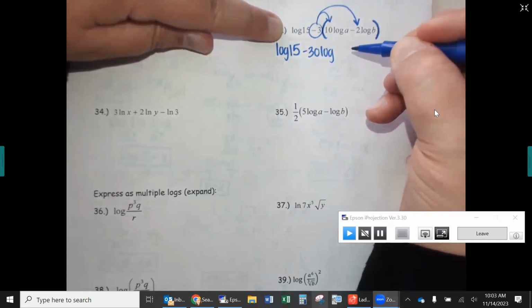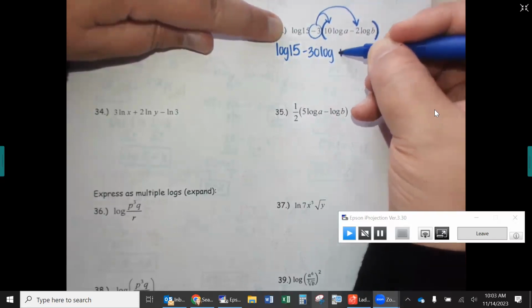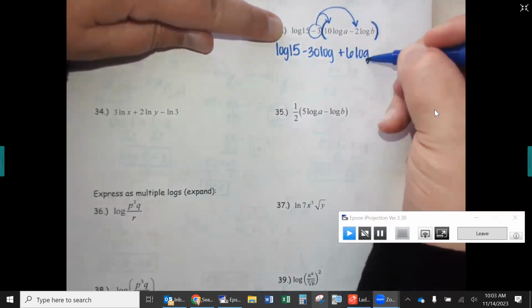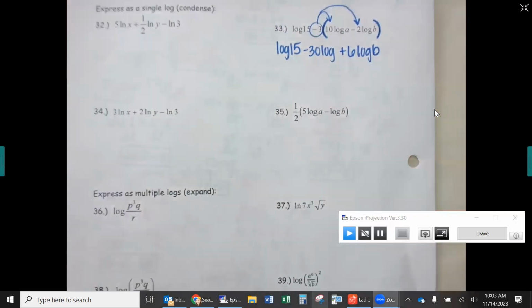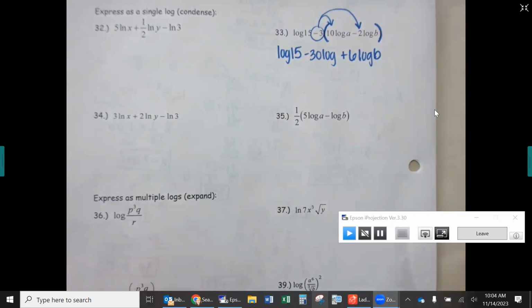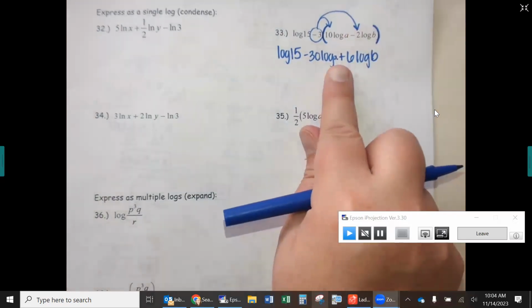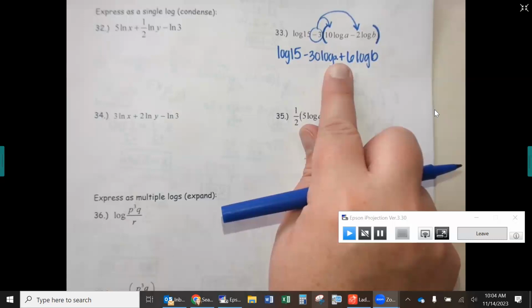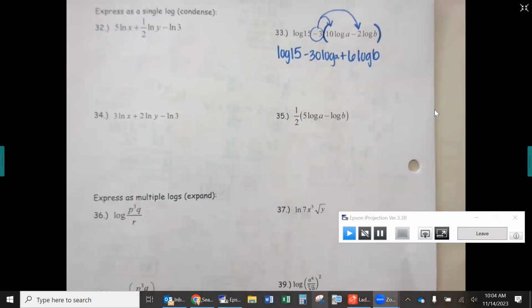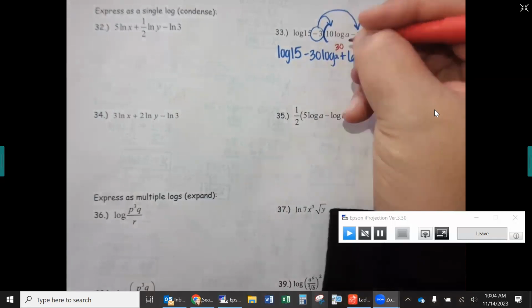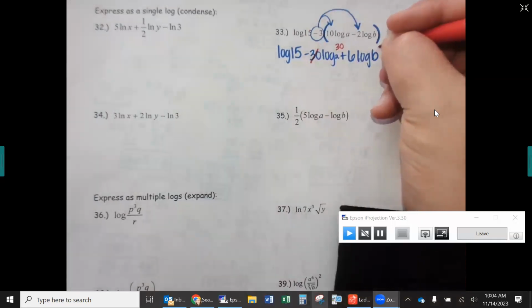Now that's a plus 6 log B. Okay, after we eliminate the parentheses, what numbers can I relocate to become exponents? The 30 and the 6. And I forgot to put my A here, so I'm just going to kind of squeeze it in. It's a little baby A. Okay. So the 30 and the 6 are going to jump up to be A to the 30 and B to the 6.